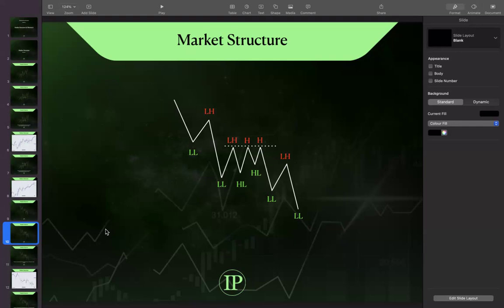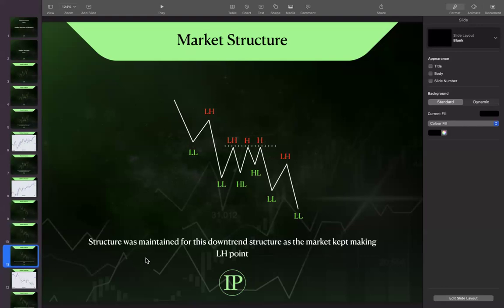So we can see that we did not create a new high breaking structure over there. It would have actually been over there, but price was maintained over there and continued to the downside. So structure was maintained for this downtrend structure as the market kept making a new lower high point.